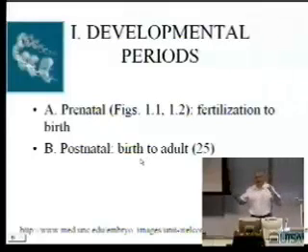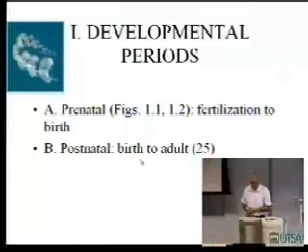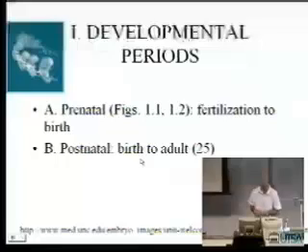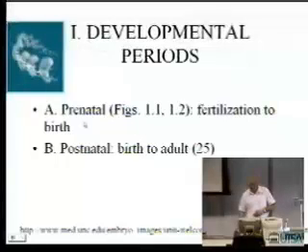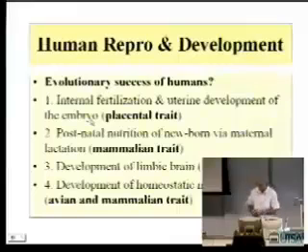It's the complete spectrum of development, from the moment we're conceived to the moment that the life force leaves the living organism. Embryology, of course, really is more limited in its studies, and it's the prenatal portion that we are going to investigate.